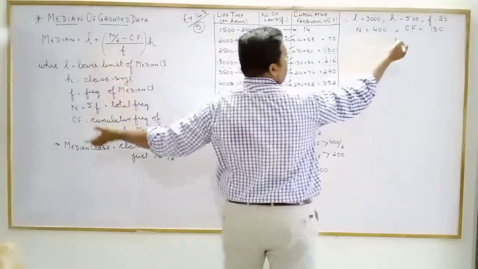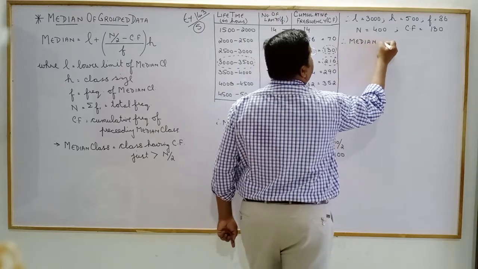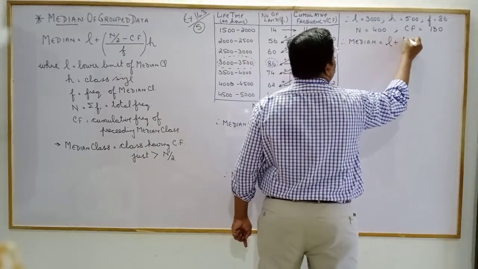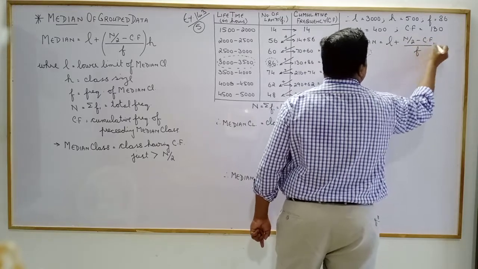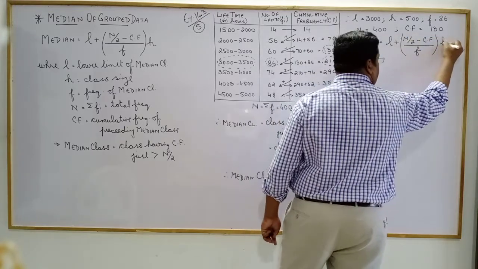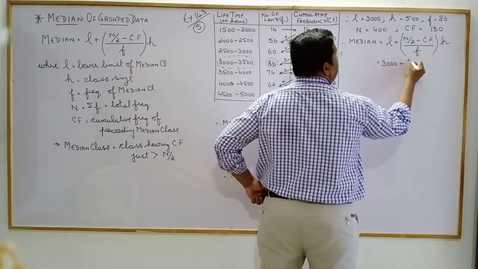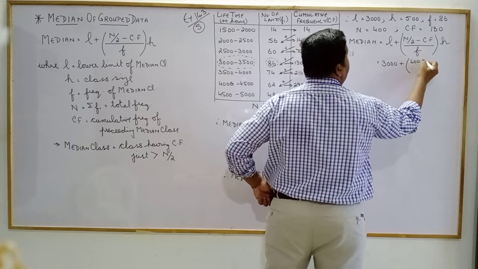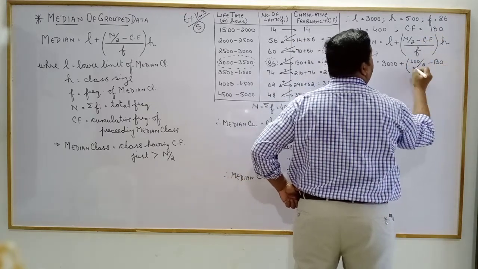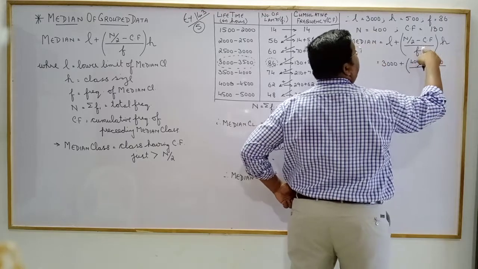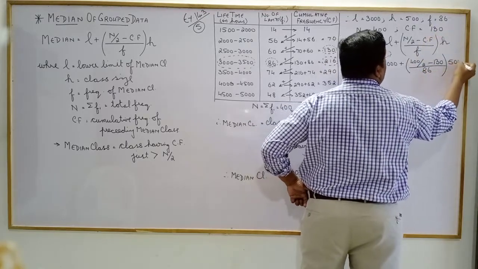Now, application of the formula as we did for mode. Median is equal to L plus N by 2 minus CF upon F into H. So L 3000 plus N 400 upon 2 minus CF 130 upon F 86 into H 500.